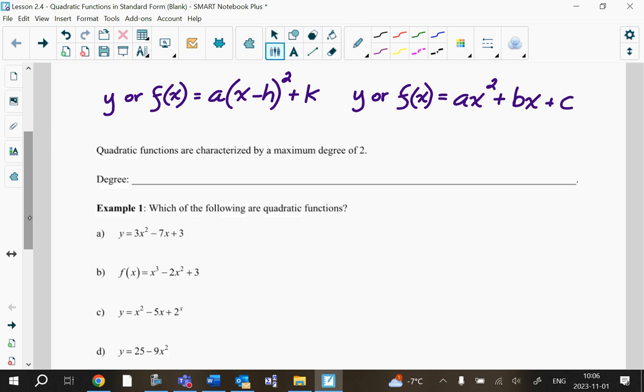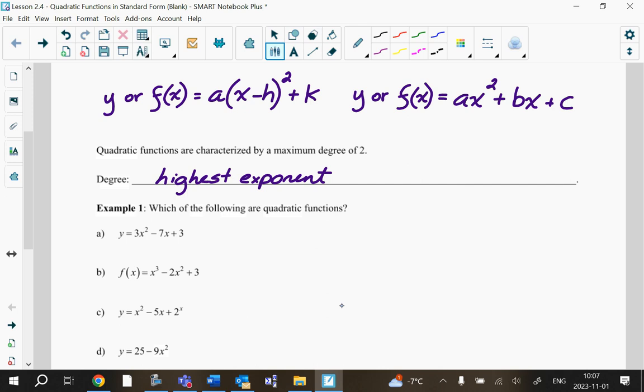We call that the degree. The degree of a function is the highest exponent. In order to be quadratic, you need an exponent of 2 and nothing higher. If there's an exponent of 3, 4, 5, 6, whatever, not quadratic, something different.